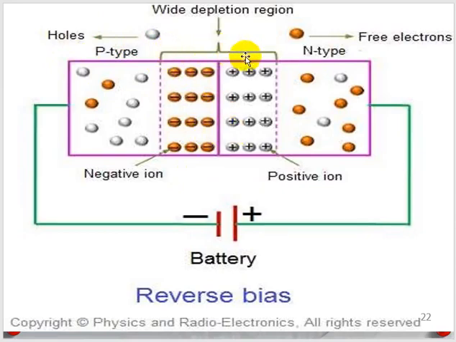So it will widen this depletion region. So we can say in reverse bias situation the depletion region is quite wide, while in forward bias direction the depletion region is narrowed.